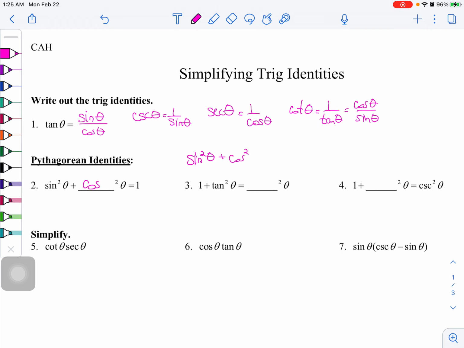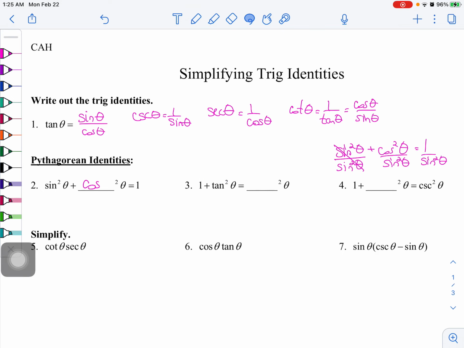So take the first function here. Sine squared theta plus cosine squared theta is equal to 1. And I'm going to divide every part of this by sine squared theta. Sine squared divided by sine squared would get me 1.